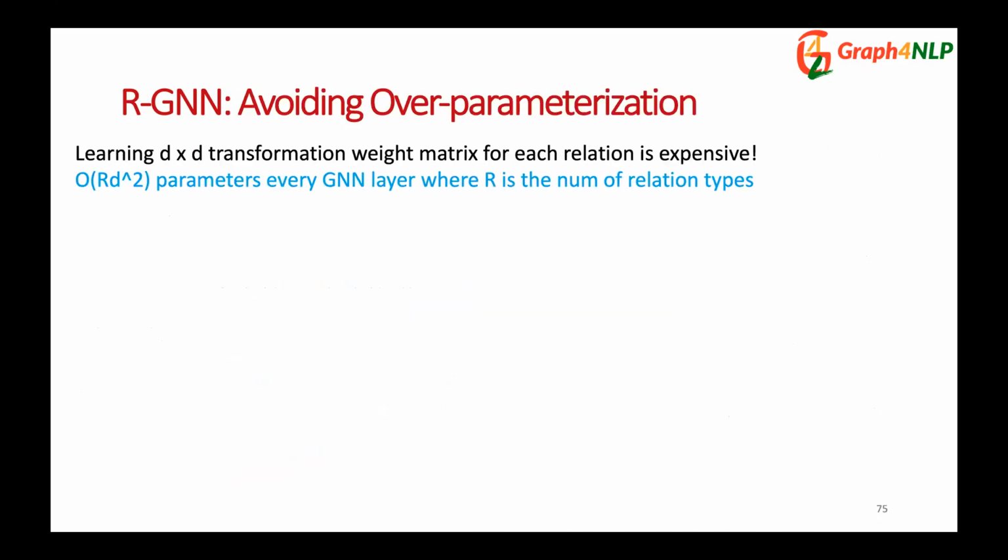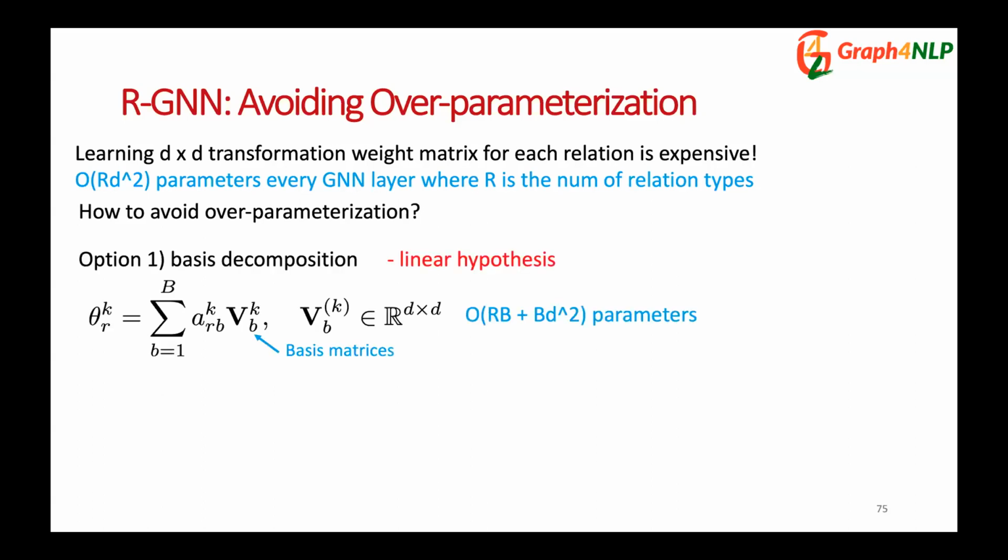As we see from the previous equations, RGNN is good at relation-specific message passing, and hence it can handle multi-relational graphs well. However, it is expensive because we need to introduce learnable parameters for each relation type, and for some large-scale graphs which contain a large number of edge types, this is quite expensive and might lead to overfitting issues. So how do we avoid this over-parameterization? There are two common ways.